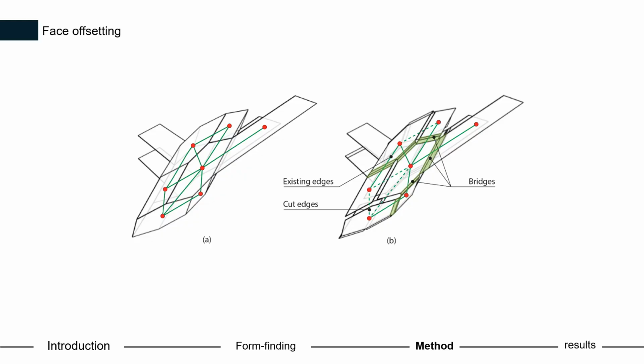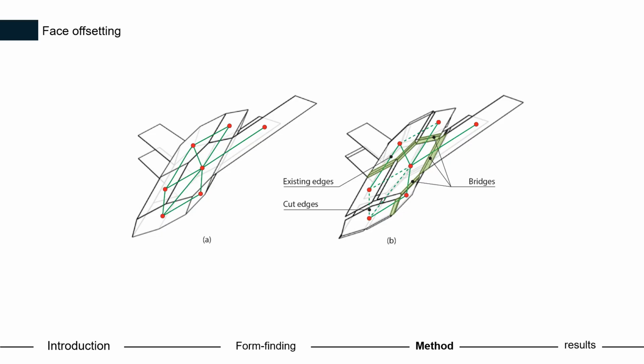After segmentation, as you can see in this figure, we apply an in-plane offset to each face. This offset creates a small distance between neighboring faces so that segments don't overlap during unfolding and fabrication. Where faces should remain connected inside a segment, the remaining dual graph edges are used to generate bridging faces, highlighted in green in the right figure.